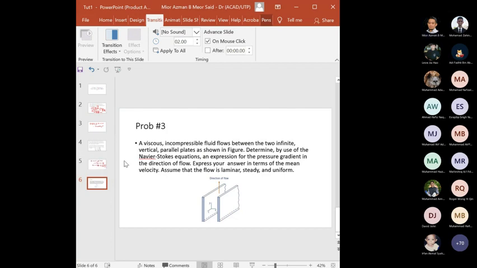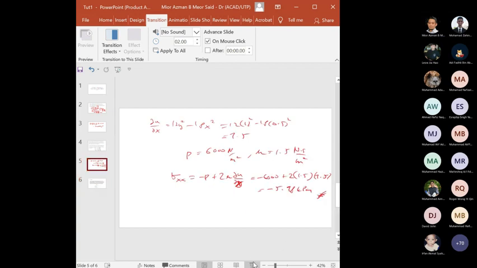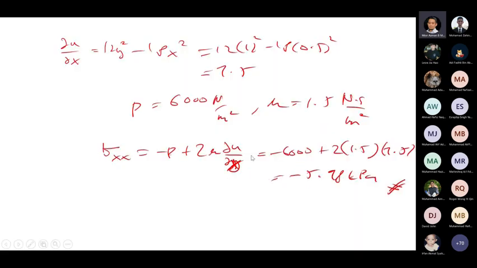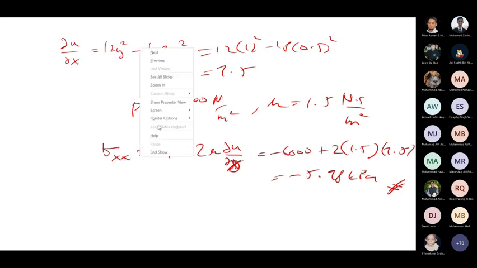So it's a direct use of the formula. You look at the u component of the velocity profile, differentiate that with respect to x, and put in the value of the point, x is 0.5 and y is 1.